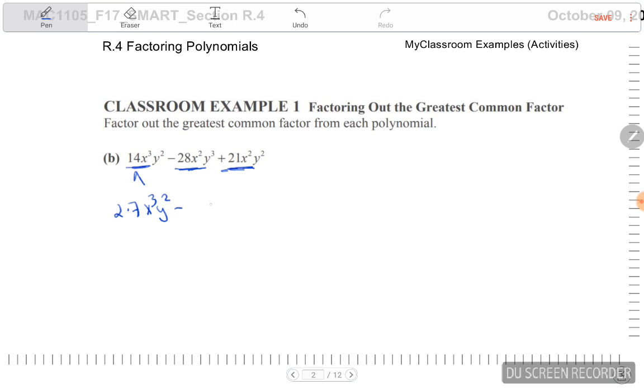Just one of those things. So then I have a negative 28, which can be broken down into negative 7 times 4. But 4 is not prime. It can be broken down. So that would be negative 7 times 2 times 2. And I'll do them from least to greatest, like this, just as a way to stay organized.